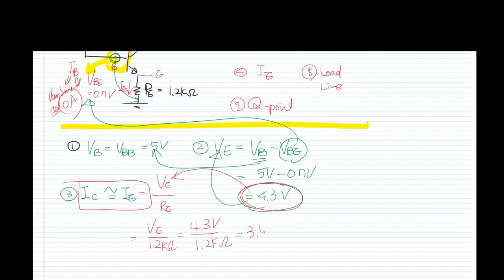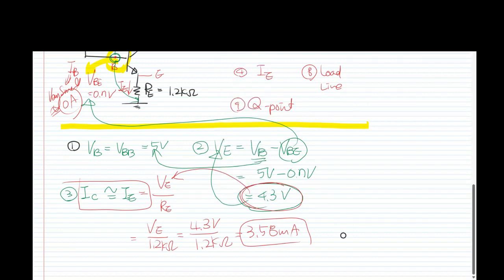Finally, 3.58 milliamp. Don't get confused about the unit, because several students made the same mistake in the exam. So 3.58 milliamp.